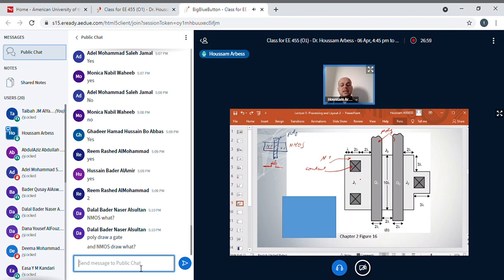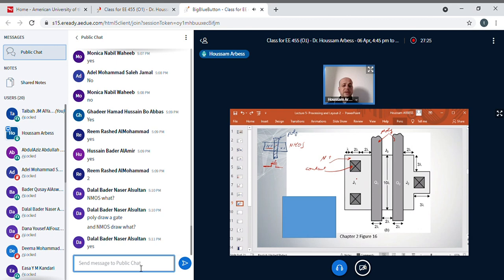Once you have N plus, like here, here, and here, that means you have drain or source. So here, for example, I have N plus, so I sketched drain or source. They didn't tell me what this region is, whether it is source or drain. They didn't mention it, so I will not mention it here either. Okay, Dalal, is that clear now?